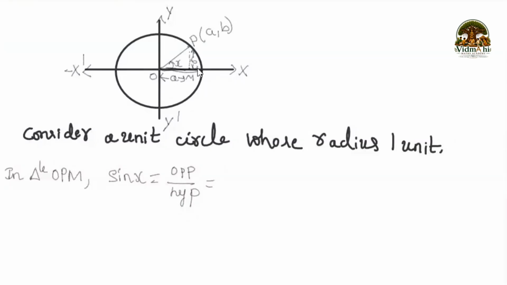In this triangle OPM, opposite side is nothing but PM, that is B, divided by hypotenuse, which is this OP distance. Since we consider it unit circle, radius should be 1. So therefore OP distance is nothing but 1 unit. Hypotenuse is 1. So we can say that sin x is equal to B.